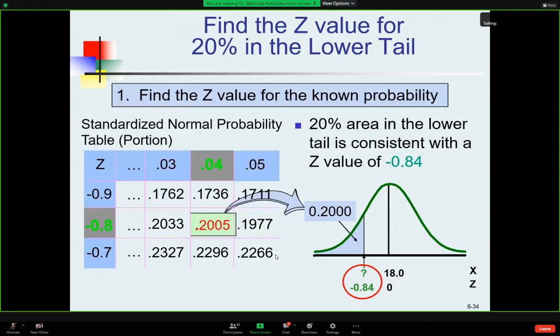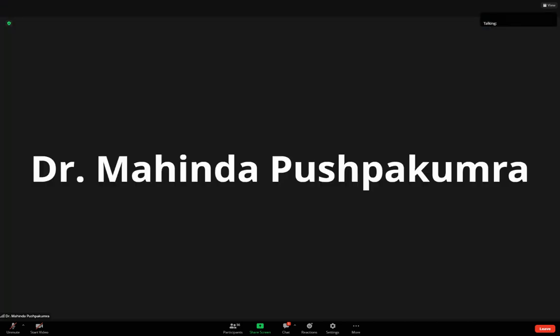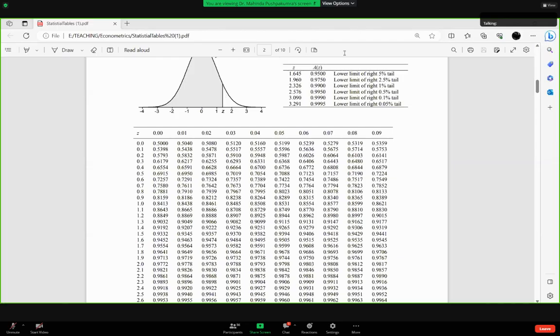From the table, now you have to search this value. They have taken a table with minus values. If I go to the table I have given to you, now you have to find this area, which should be 0.200.